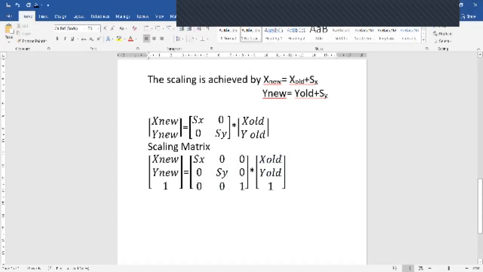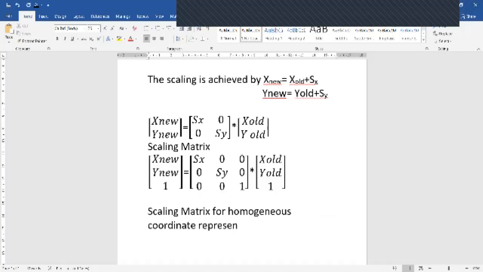So this is referred to as the scaling matrix for homogeneous coordinate representation.